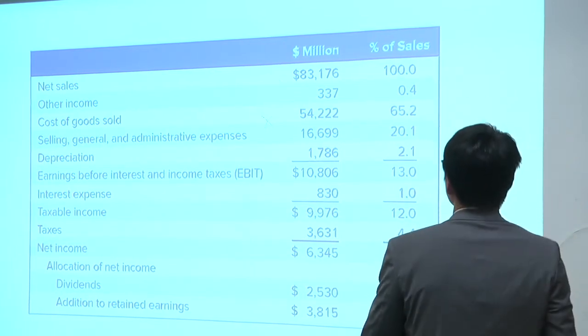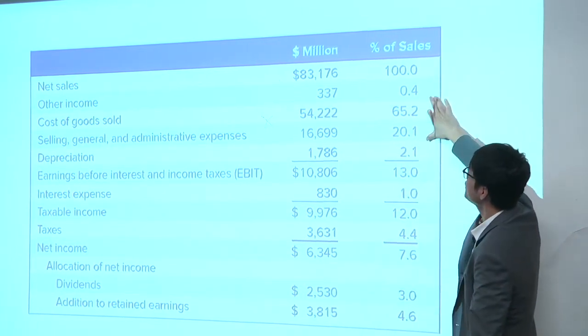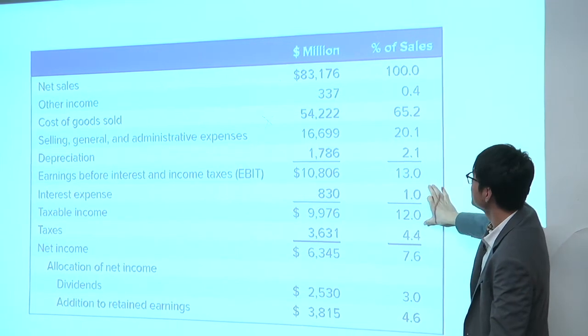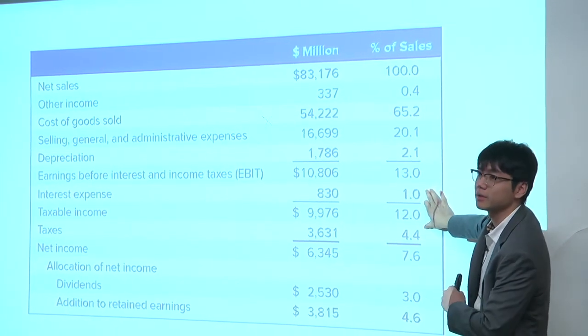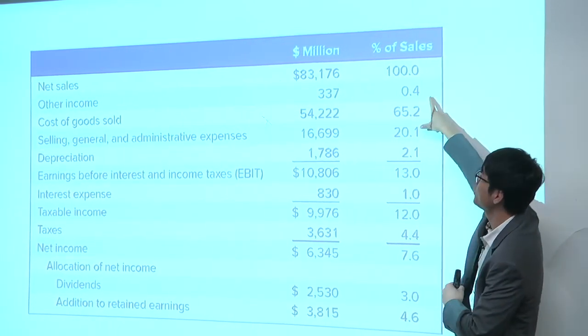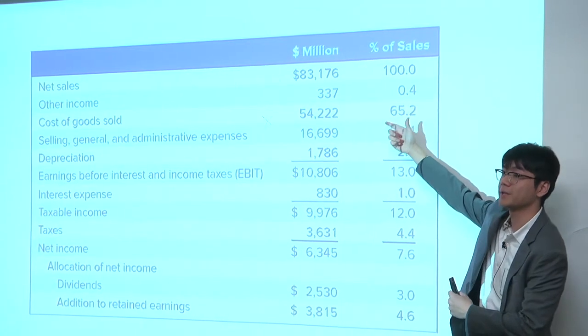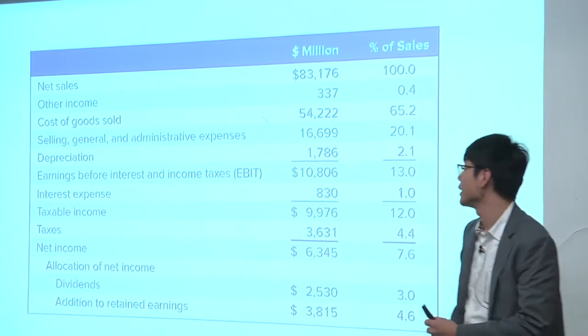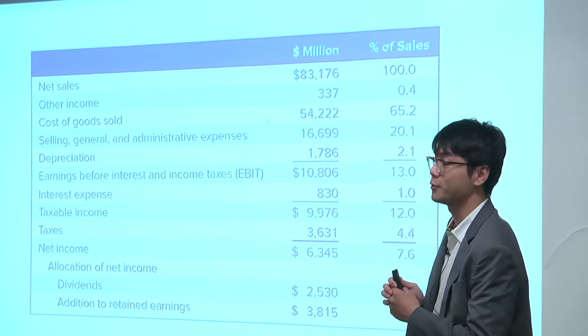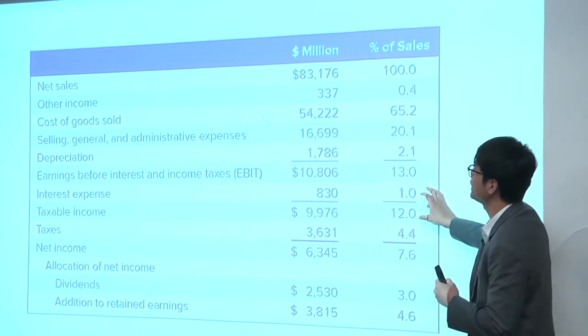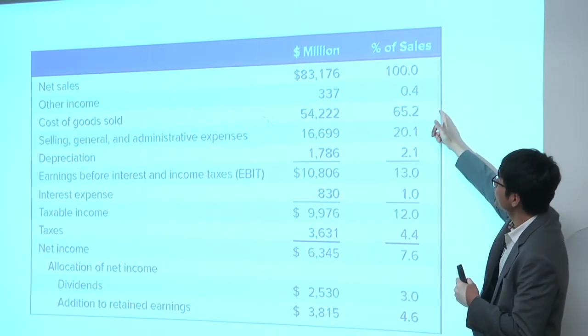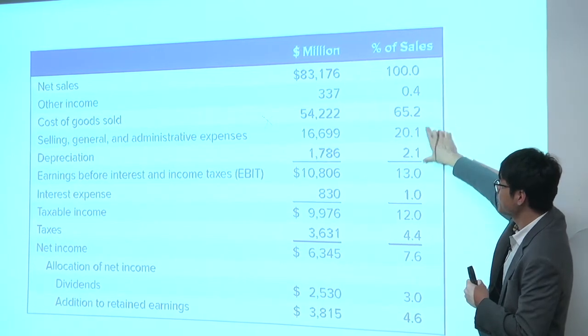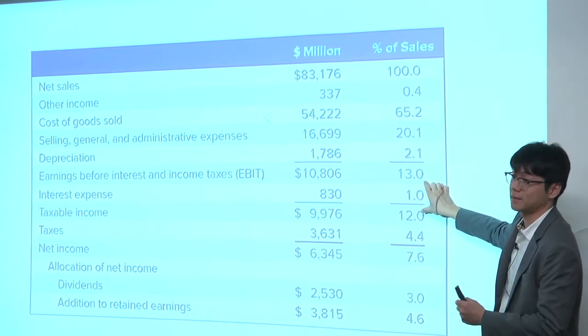So you can see that the things we deduct here are a little bit different from the things we deduct here. Those are from your real operations, right? Cost of goods sold, all the expenses you have paid for selling, general, and administrative things, depreciation. But here we're deducting interest expense. So first we deduct the cost of the real operations, and then we deduct the cost of financing.